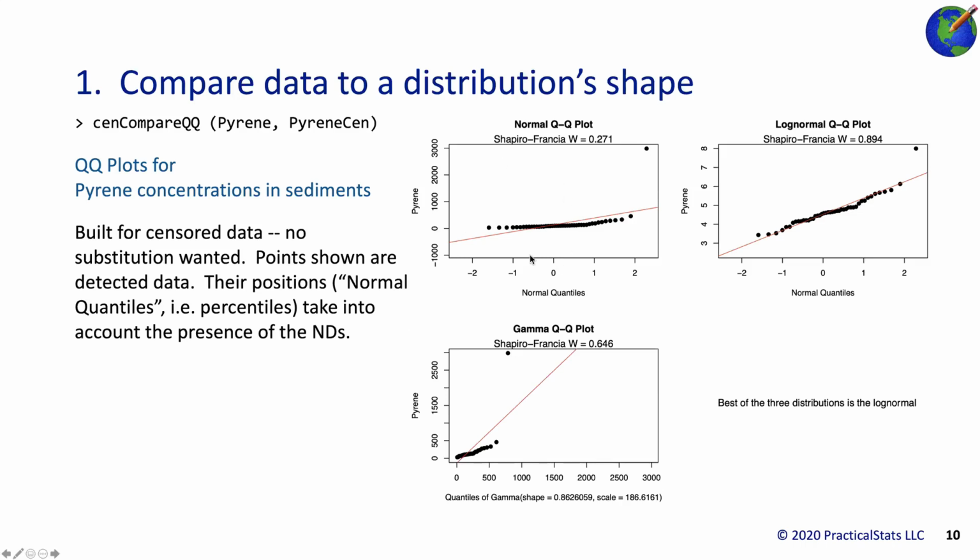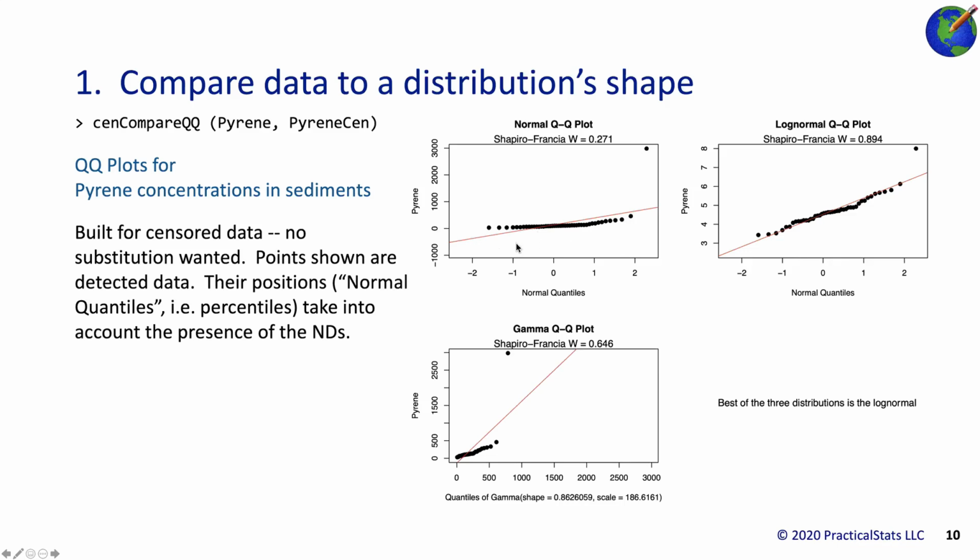You'd have a plot like this normal QQ plot where it would be blank on the left side all the way up to 0, which is where the mean and the median are located for a normal distribution. So the lower 50% are all going to be nondetects, and this will be blank. And then the points start above 0 at the 50th percentile and go on up.